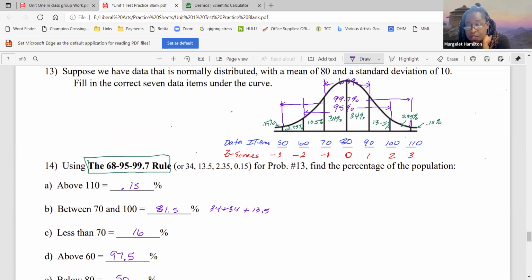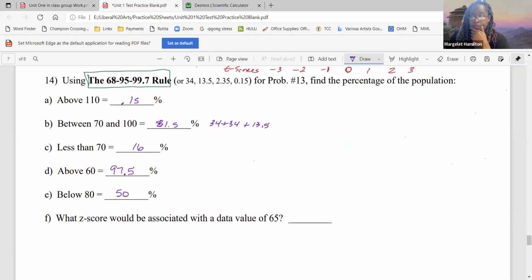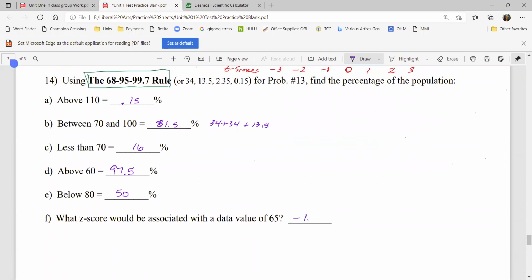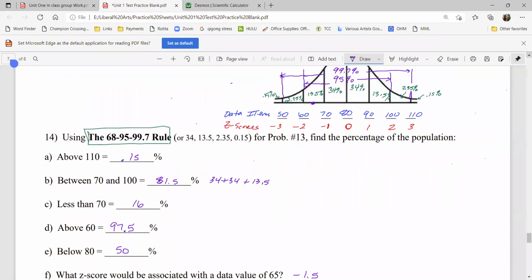Okay, so here are our z-scores, and 65 is right in between here, right in the middle. We agree? Okay, so right there would be negative 1.5. Any questions about that? So the z-score associated with a data value of 65 is negative 1.5.